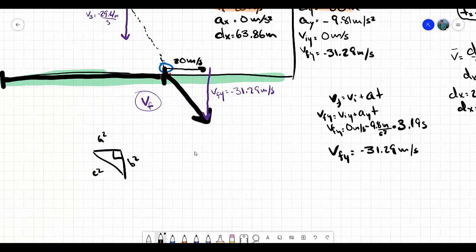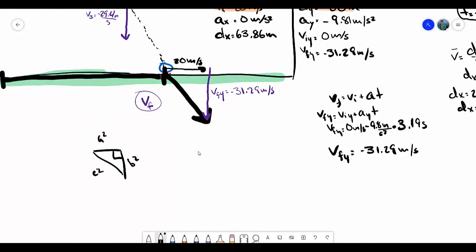So to get our total velocity altogether, we're going to do a squared plus b squared is equal to c squared. Or in this case, the velocity x squared plus the final velocity along the y squared is going to give you your total velocity, your final velocity, regardless of whichever dimension, the combination of these two things squared.